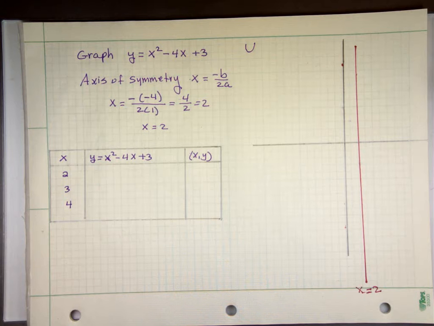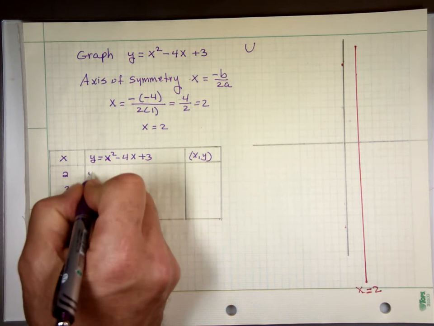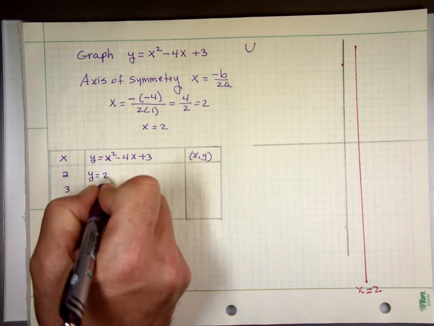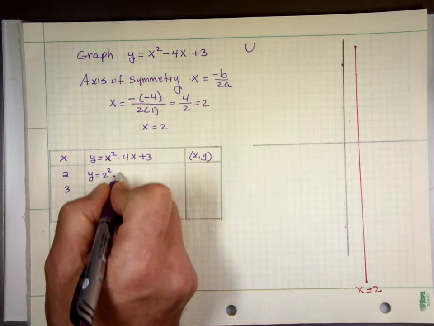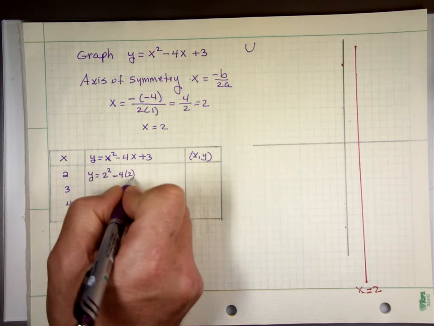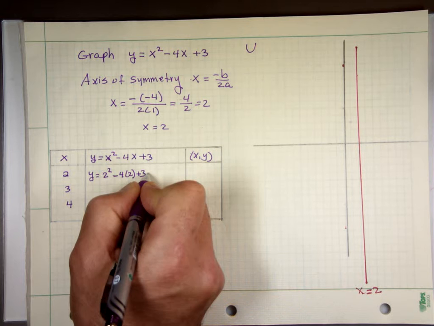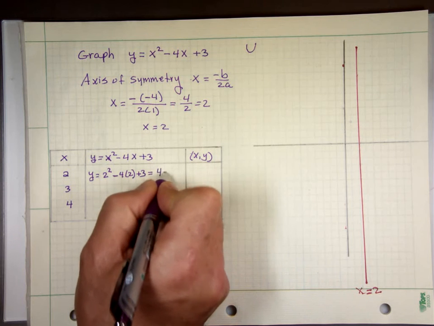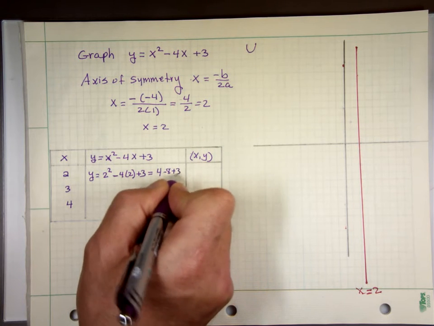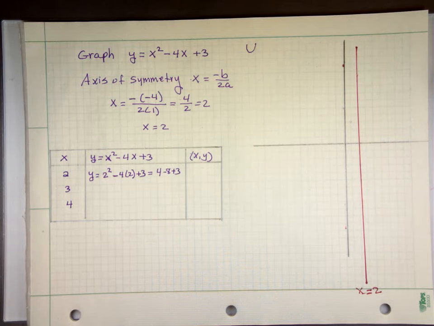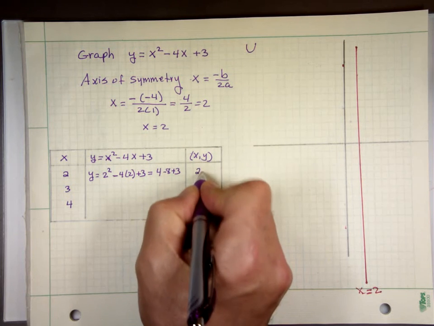So start with that number. When x is 2, what is y going to be? 2 squared minus 4 times 2 plus 3, which is 4 minus 8 plus 3. And what's that number? 4 minus 8 is negative 4, plus 3 is minus 1. So 2 comma negative 1.